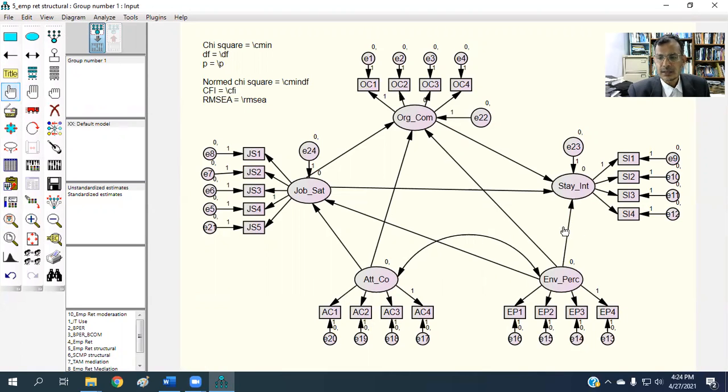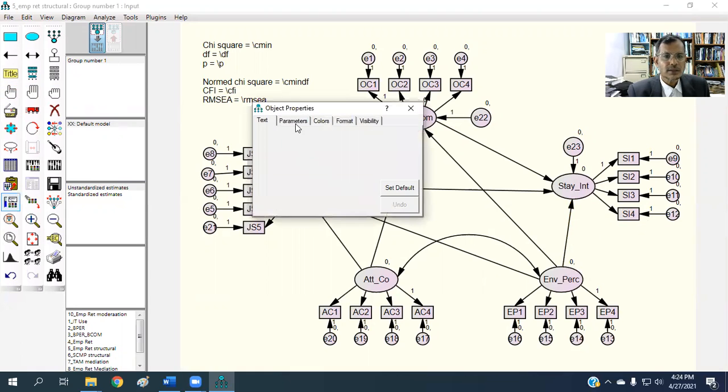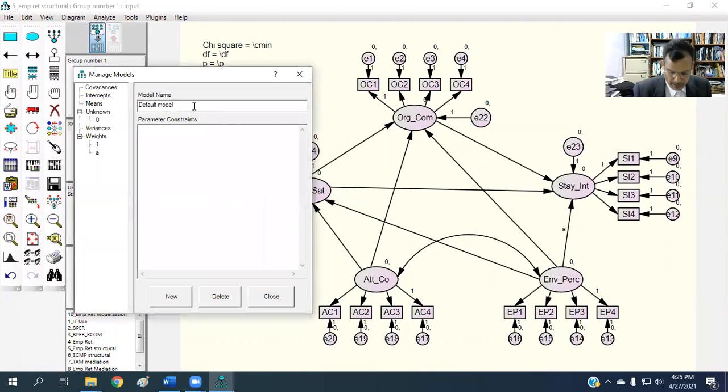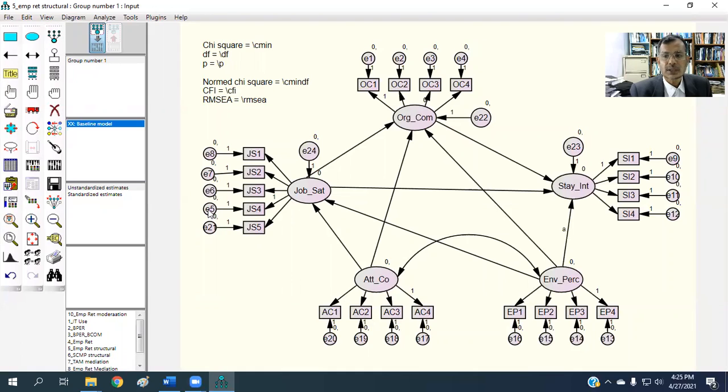And then I will assign the parameter value, path coefficient, as A, and I will give this model the name baseline model. Baseline model. Okay, now we run it and see. We will be looking for the path coefficient values in particular.